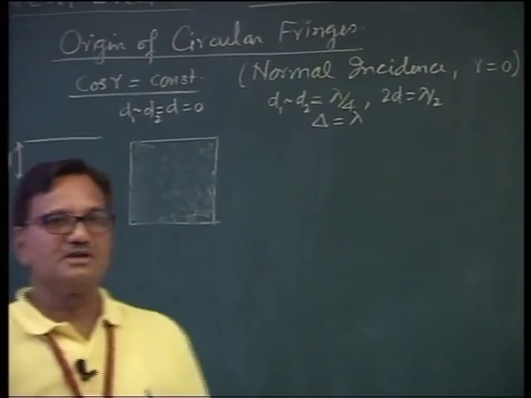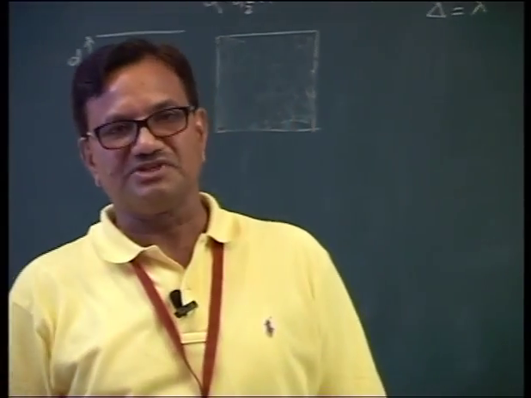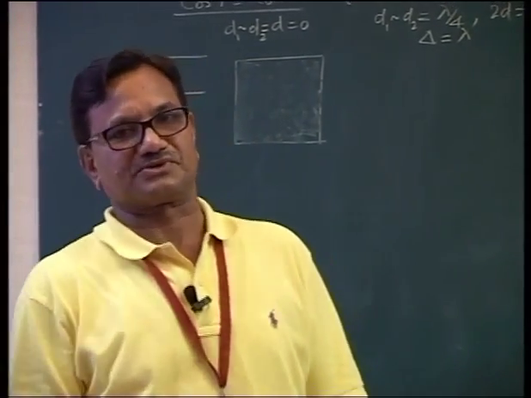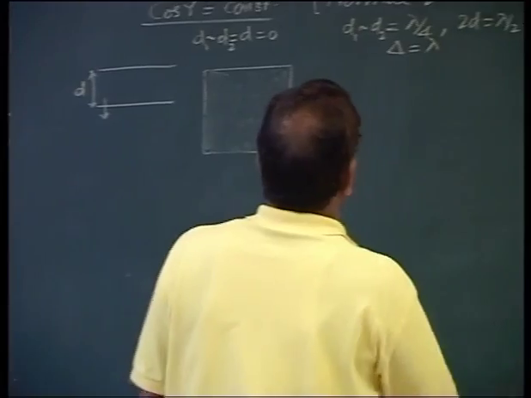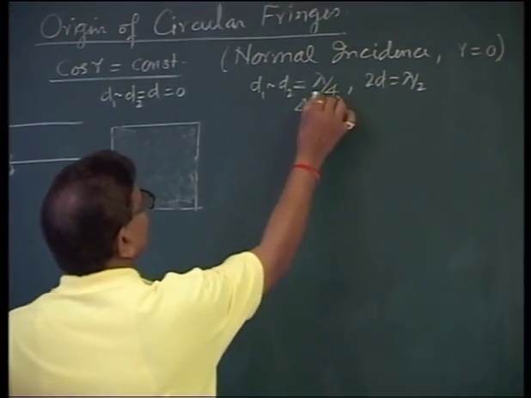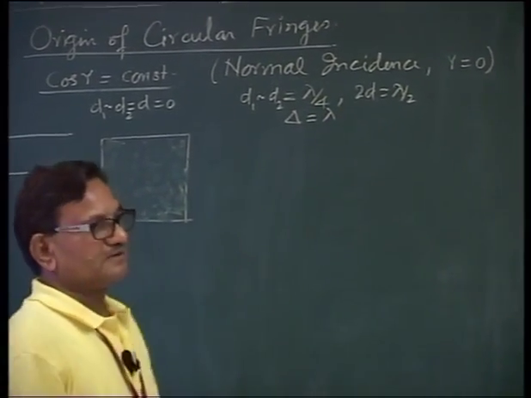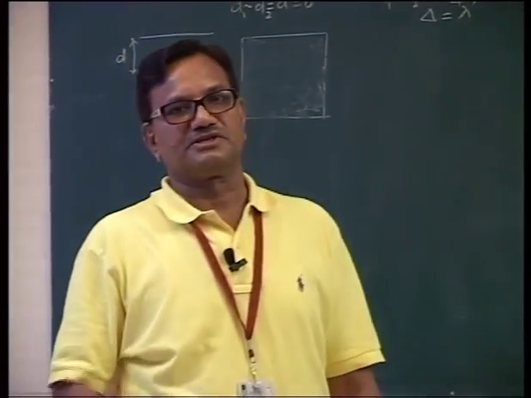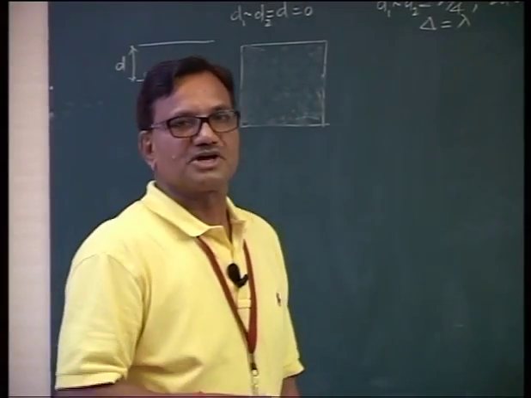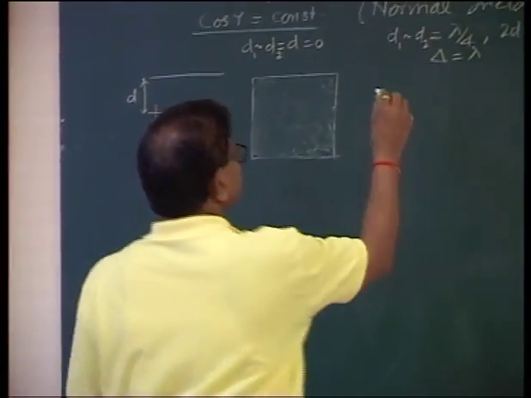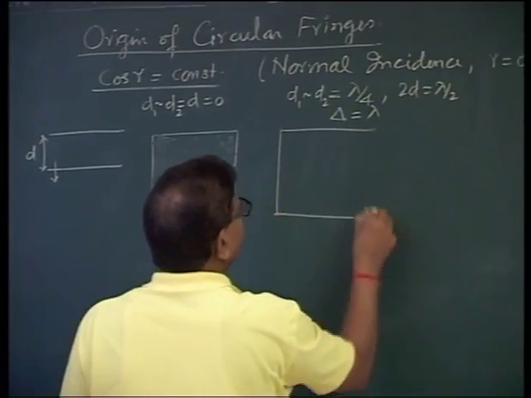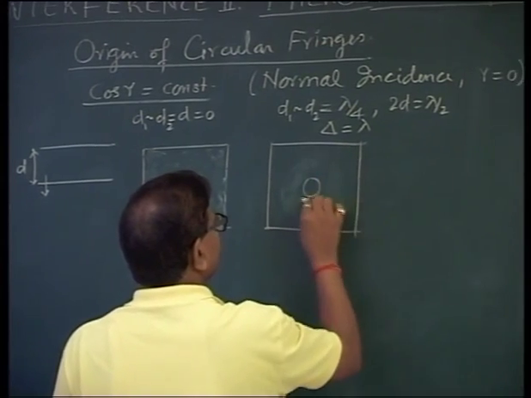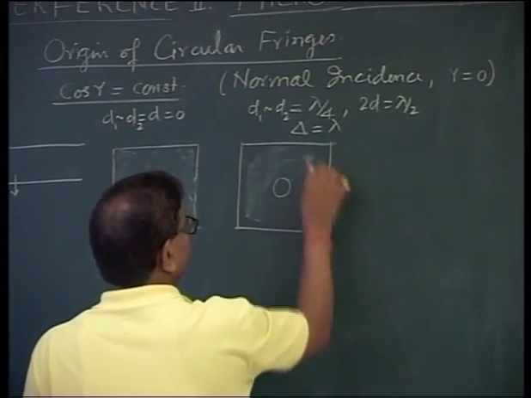We are discussing how the fringe pattern changes when we move one of the mirrors. When we move the mirror through a distance lambda by 4, the net path difference created between interfering beams is lambda. They will undergo constructive interference. As a result, the center of the ring pattern will become bright and the rest remains dark.